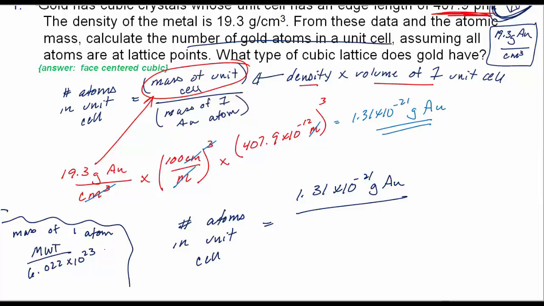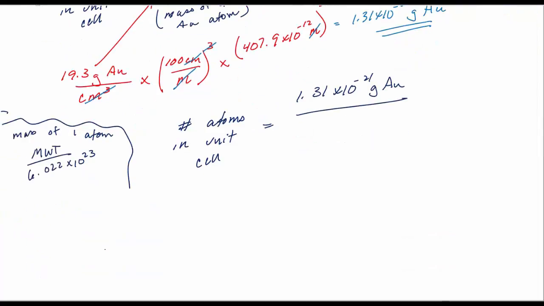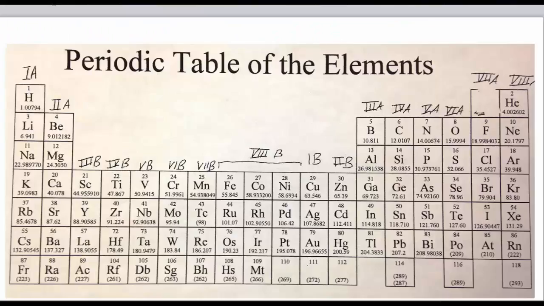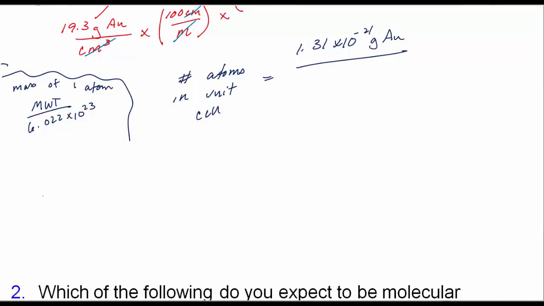So in our case here, we're going to have the molecular weight of gold. What's the molecular weight of gold? Here's gold: 196.97. 196.97 grams of gold.